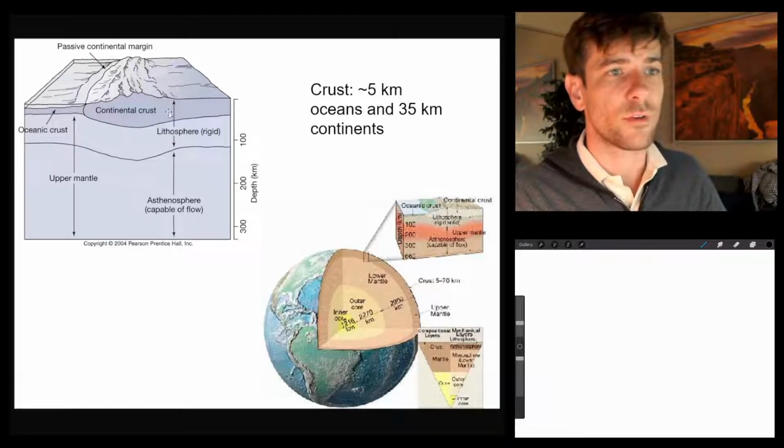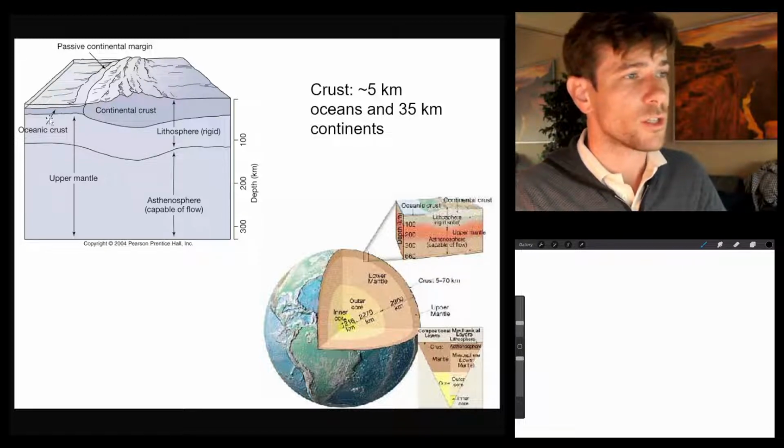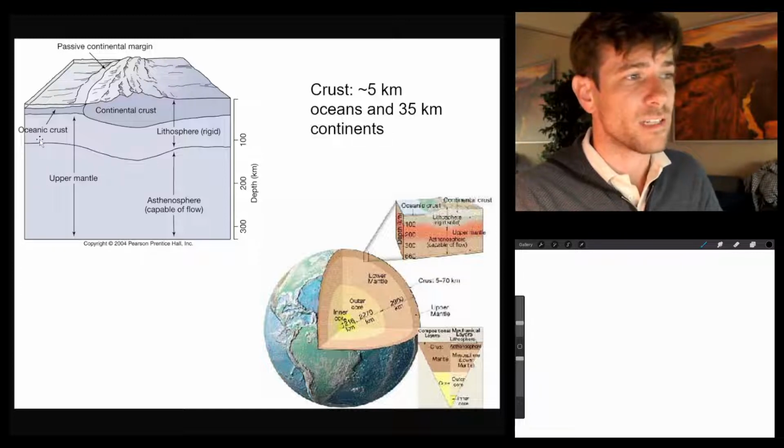I think we've alluded at least to this fact previously, but continental crust is made up of felsic minerals. That is to say that they're minerals, or rocks really, that are rich in feldspars and quartz, or silica. That's very different than ocean crust, which is what we would call mafic in composition, and that is to say it's a chemical term. It means that it's rich in iron and magnesium.